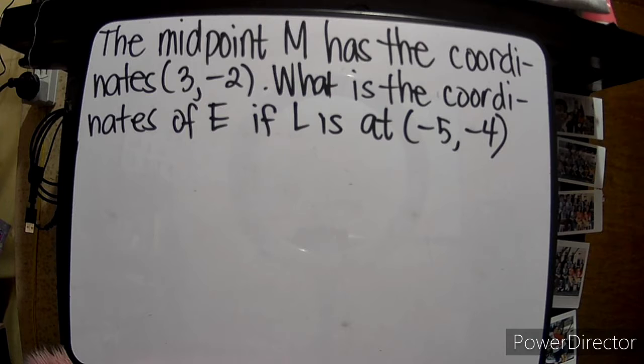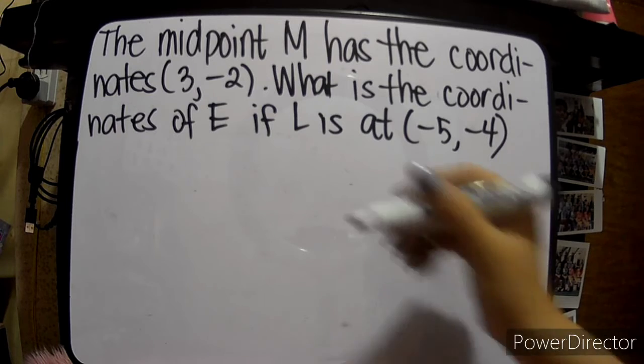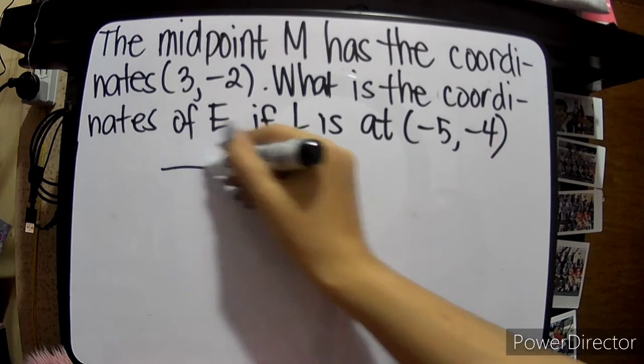The midpoint M has the coordinates (3, -2). What is the coordinates of E if L is at (-5, -4)? So, imagining that M is the midpoint. So, this is our line.